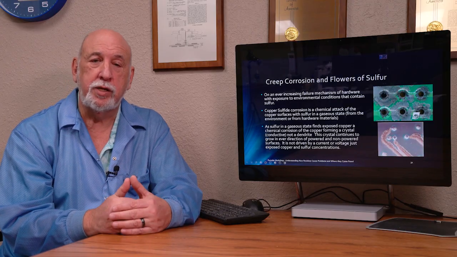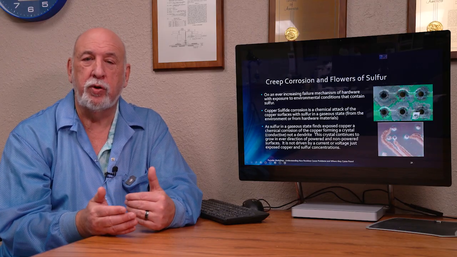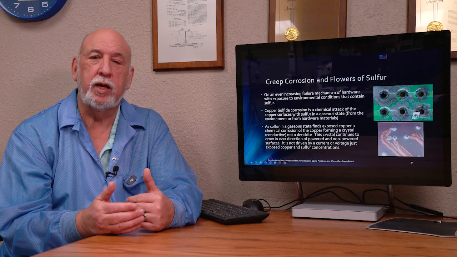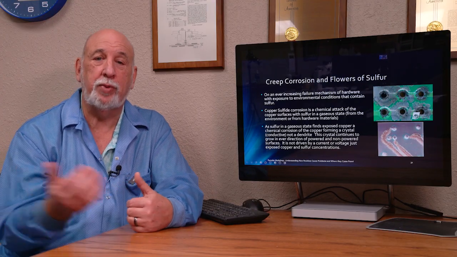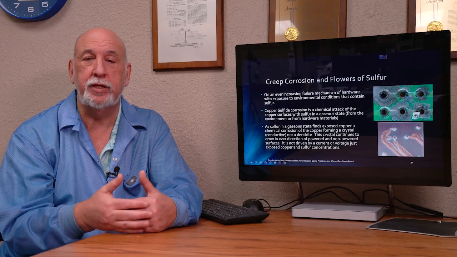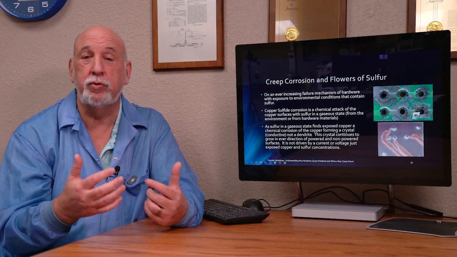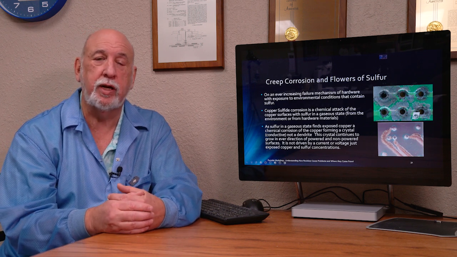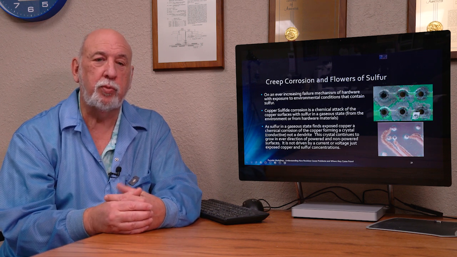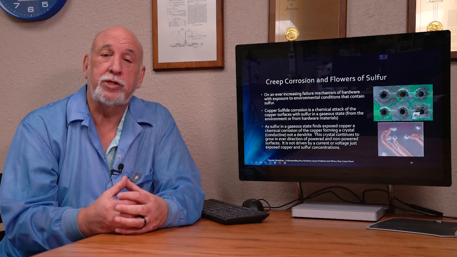In our LEDs, we have silicone lenses, and silicone likes sulfur, and sulfur will pass through and actually collect in these silicone surfaces, whether it's a conformal coating or a lens on an LED, and it will pass through and react with that surface.